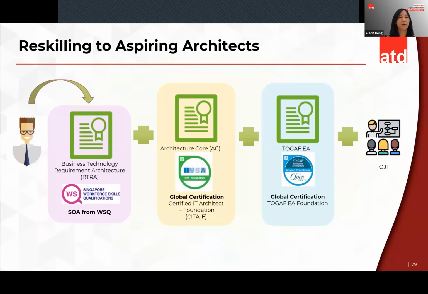Plus, of course, you would need the on-the-job training program to skill some of you to become aspiring architects. So for those of you who are currently business analysts, data analysts, or system analysts, and want to work towards becoming a practitioner architect, this is the program that you can go through.